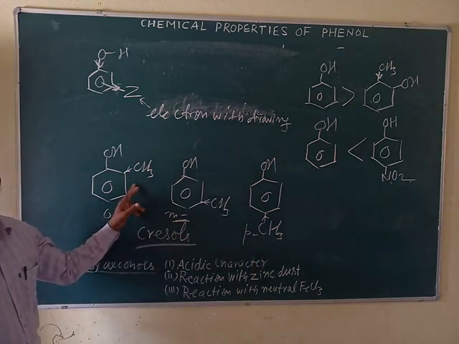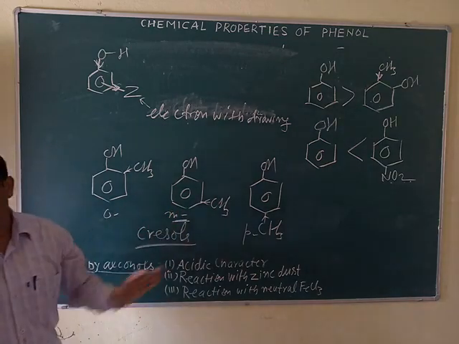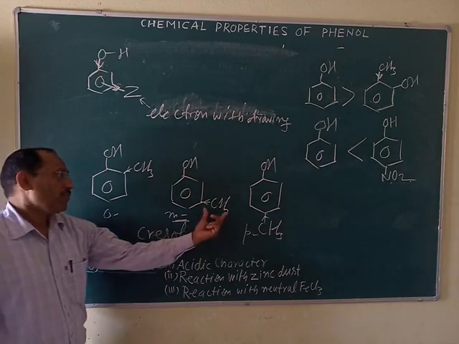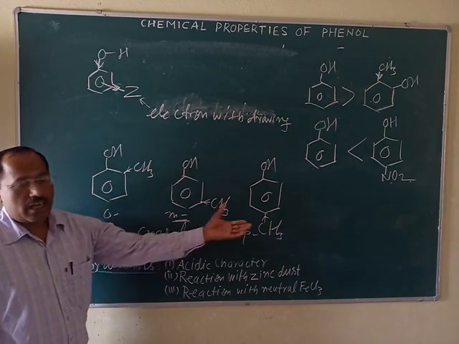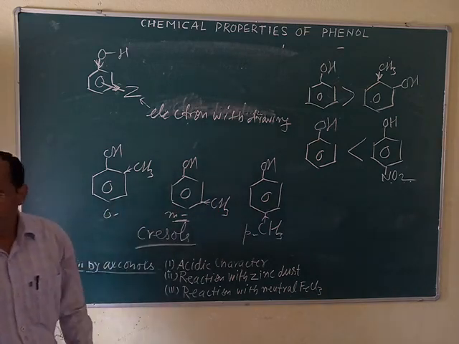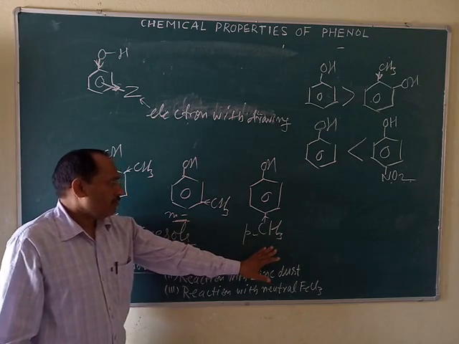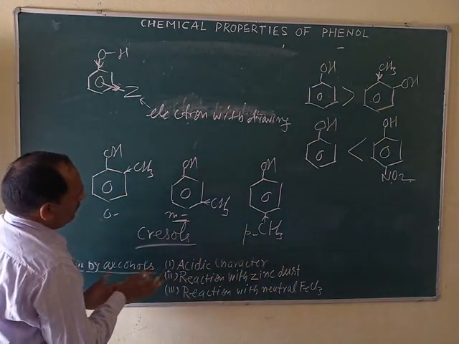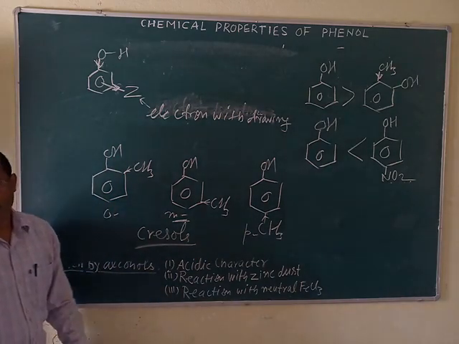Then orthocresol, and metacresol is the most acidic among these cresols, because its effect is least at the meta position and highest at ortho and para positions. That's why paracresol is the least acidic, then orthocresol, and then metacresol.